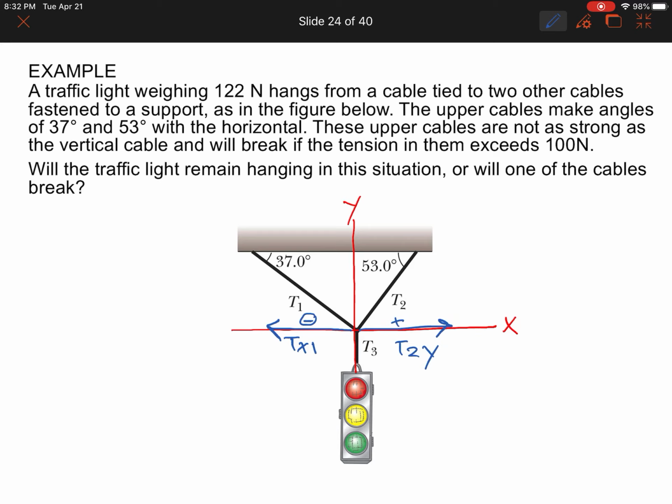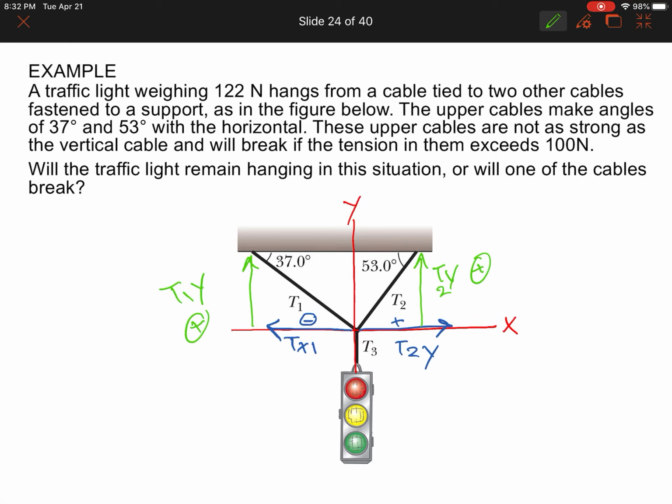So those are the tensions located on the x-axis, and we can also draw Ty. This is T2y, also heading upward toward the positive y-axis, and we have T1y, which is also heading toward the positive y-axis.